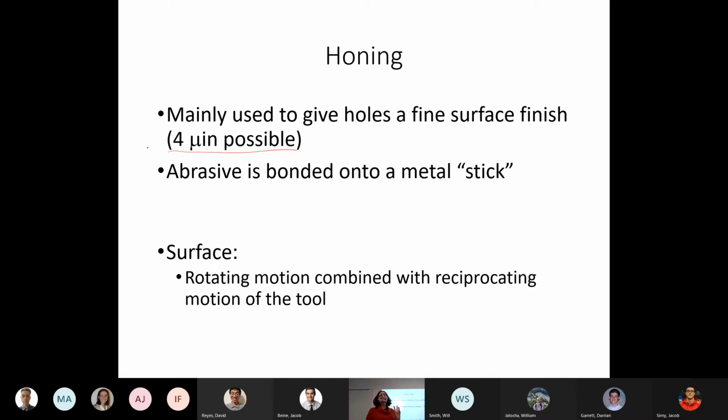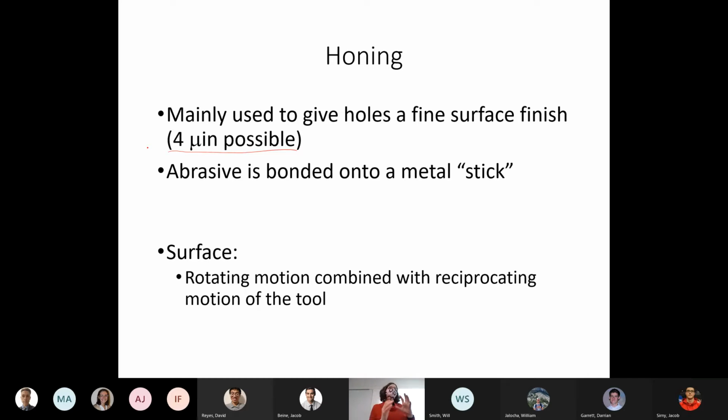Yesterday, we calculated a surface roughness on that turning operation, and I believe it came down to 128 micro inches. So that's a much rougher surface than the 4.